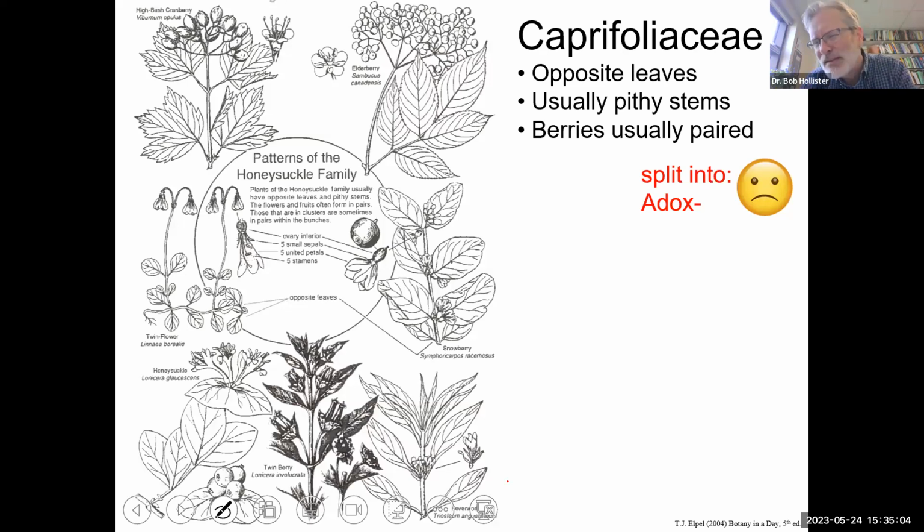So they've got opposite leaves, but the real thing is these paired flowers. So you can see these little pairs here. The two flowers off of one little stalk. In this case, it's three, but at least two flowers off of one little stalk. Then it's probably this family.